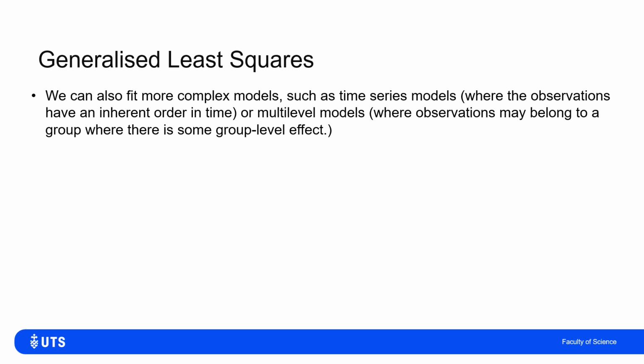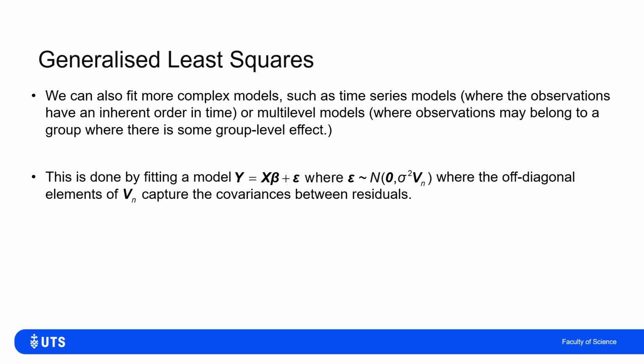Or multi-level models, where I've got some grouping effects. For example, if I look at students' attainment in a school, maybe the students are in a class who might all have some similar trend. The classes are within a school that all has some similar trend. So I can fit more complex model structures via the same sort of idea.